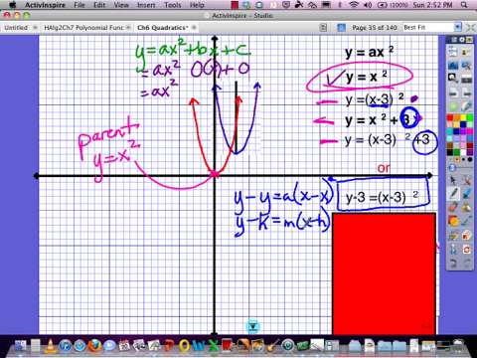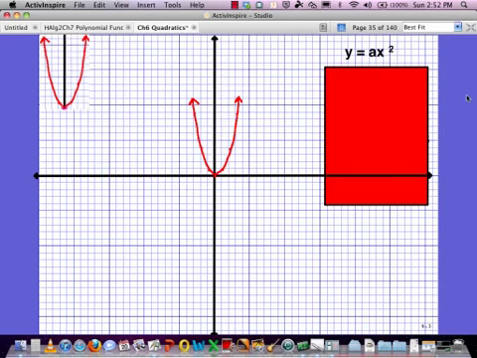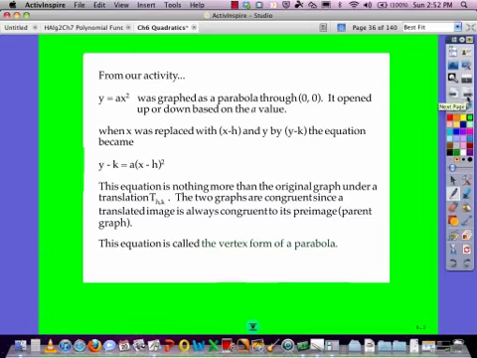So those h and k values, wherever you place them, are going to indicate how you move. Whether it's inside or outside of the squared is going to dictate how you move away from that origin, that 0, 0 point. All right, knowing that, let's try and regroup. From that activity then, y equals ax squared was graphed as a parabola through the point 0, 0.